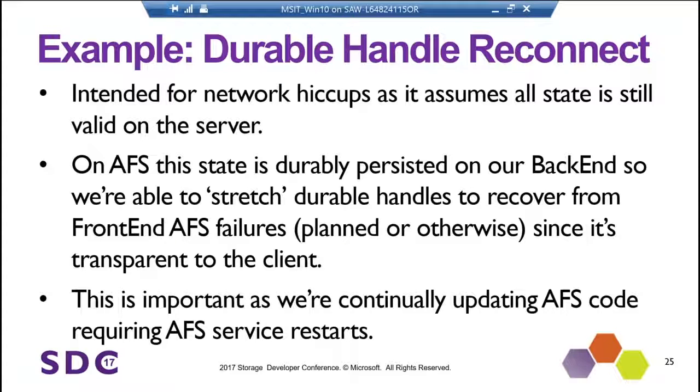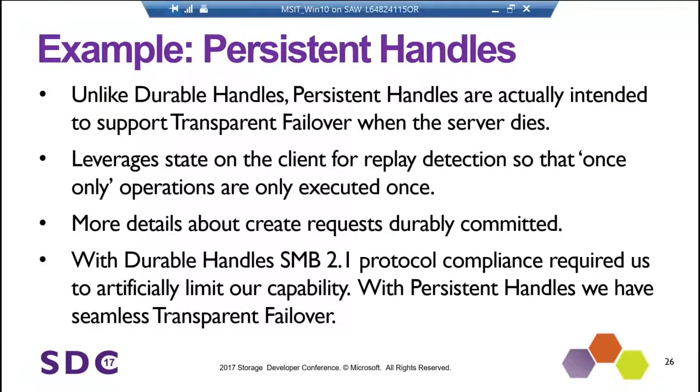So that was the state we were in with SMB 2.1, but we knew better things were coming, so we didn't try to push that any further than we had to. And we had persistent handles coming. This really allowed us to do what we wanted in the first place, which is to be absolutely seamless. If you look at it philosophically, what a redirector is doing is trying to present the illusion that remote files are actually local, and to do that as well as you can, given certain trade-offs.